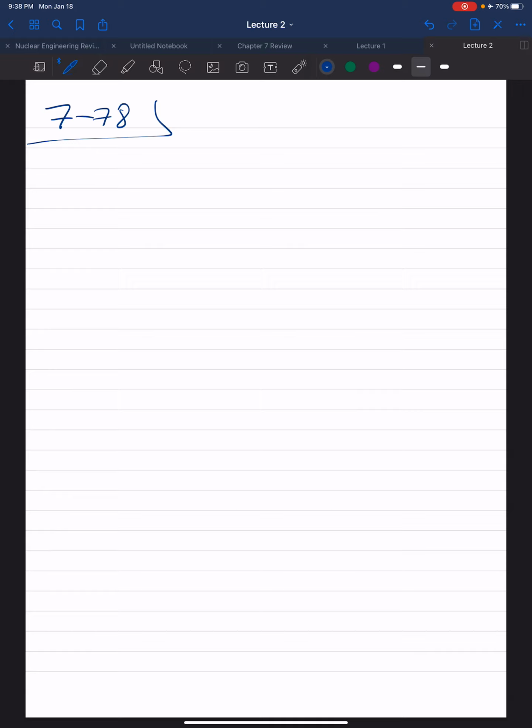Take a look at problem 778. This is page 371 in your text.